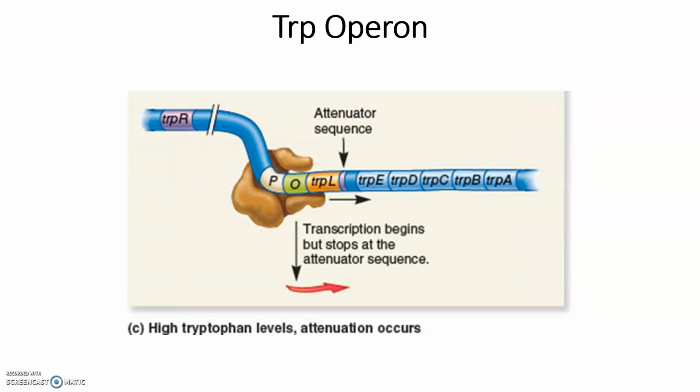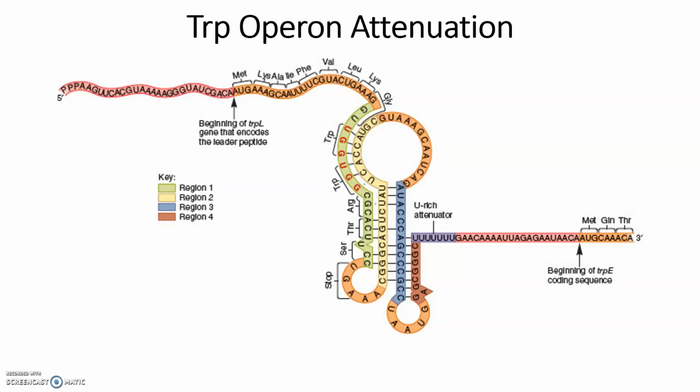But if we have high levels of tryptophan, we can have attenuation. With attenuation, it matters on the sequence. Remember that 1 can bind to 2, 2 can bind to 3, 3 can bind to 4. If 3 binds to 4, then you have this U-rich sequence that causes termination. So if 3 binds to 4, we're terminating this.